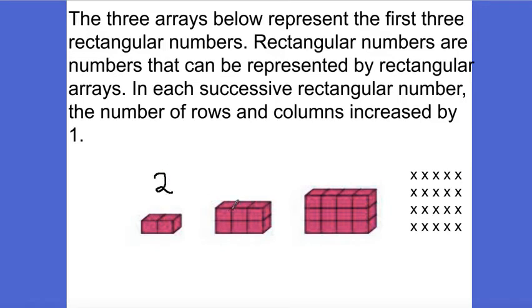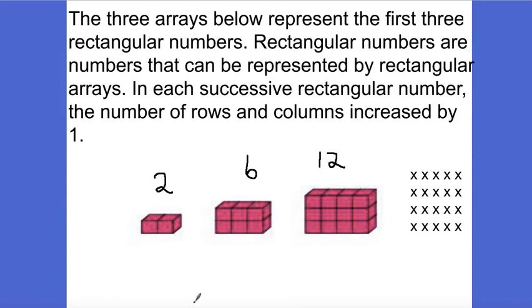The second array here represents the rectangular number 6, because you can put 6 objects and they will fit into a rectangular array pattern. That's why it's a rectangular number. Now this next number is 12, because there's 12 cubes. So 12 can be put into an array which is rectangular. So that's why it's called a rectangular number.